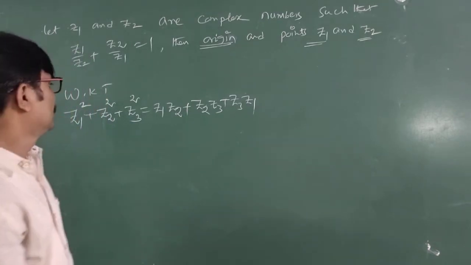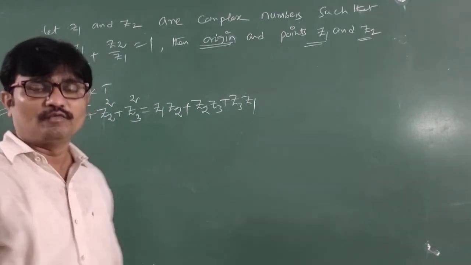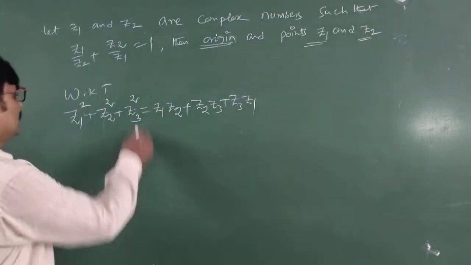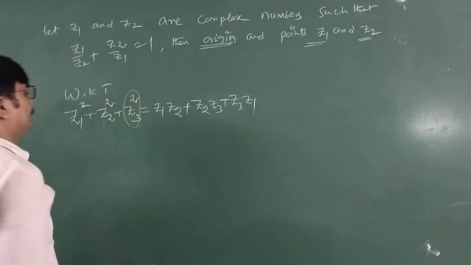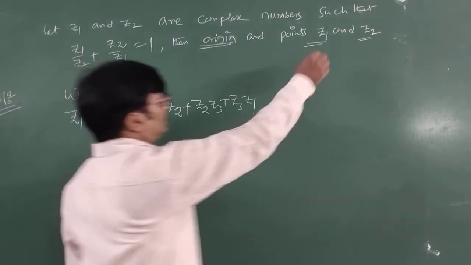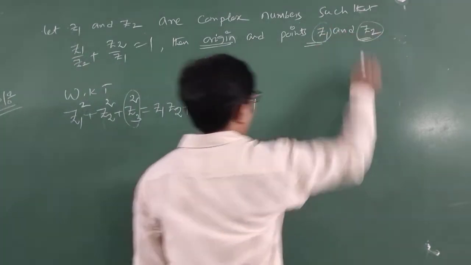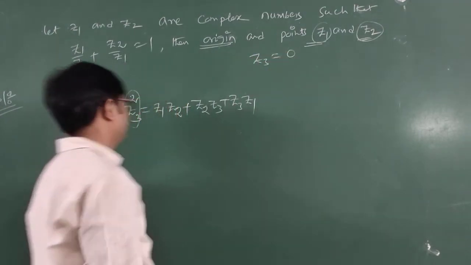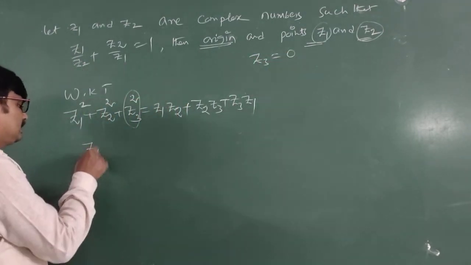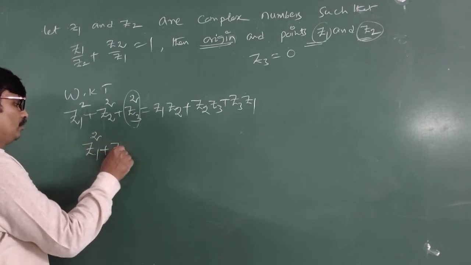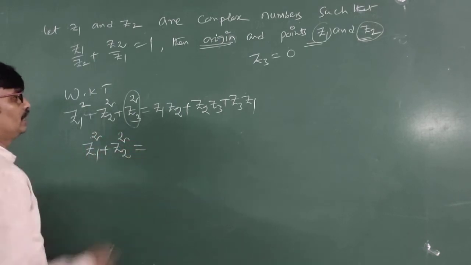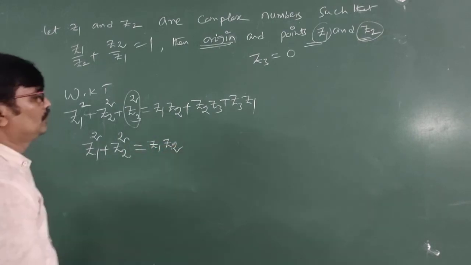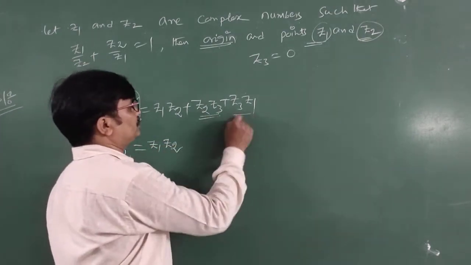Suppose Z3 is the origin. Then we get Z1 square plus Z2 square equals Z1 Z2, since the other terms are 0.